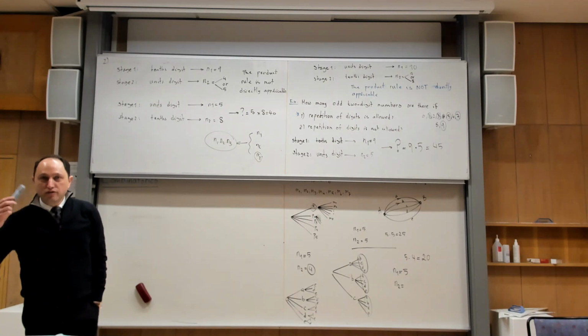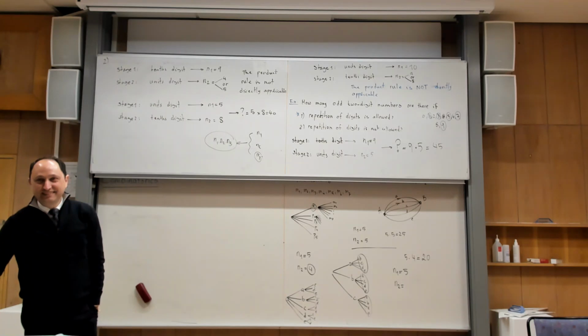Now I want you to think a little bit about which way to calculate this number is easier for you. How many three-digit numbers are there? Yes, Martin? 900. Yes?